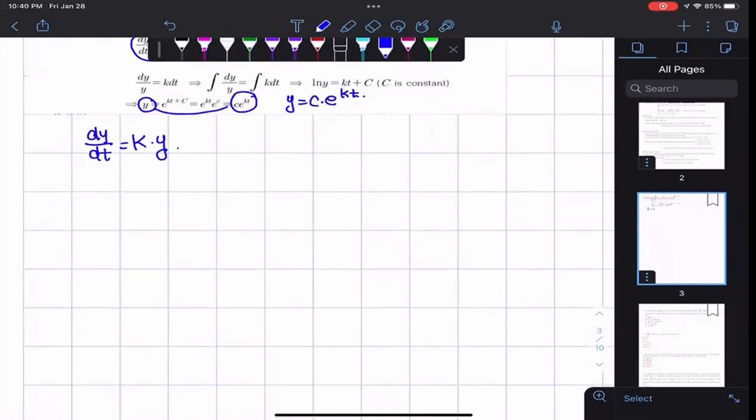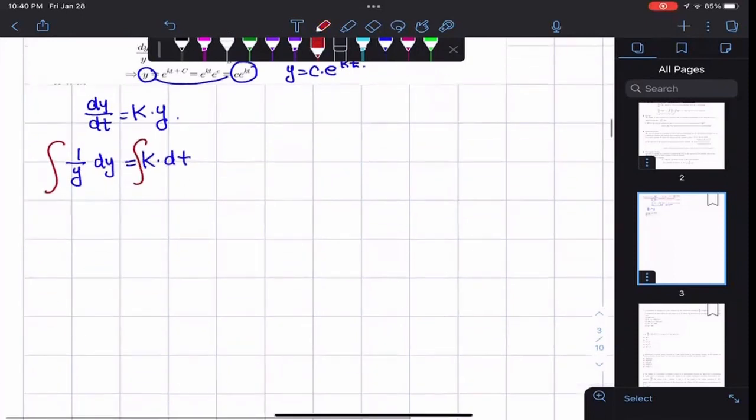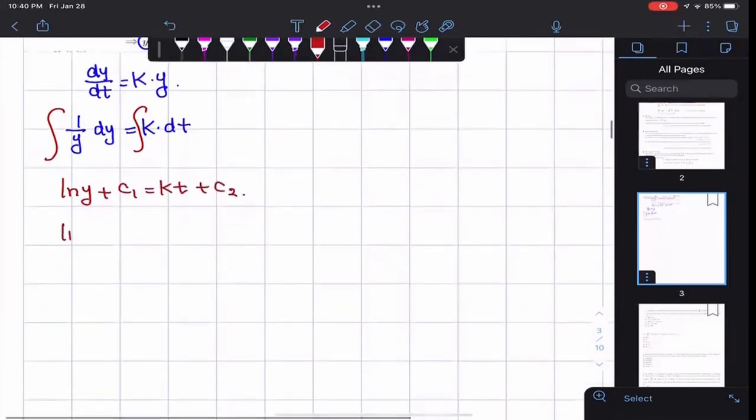First, separate the variables like this: 1 over y dy equals k times dt. Apply the integral on both sides. Then ln y plus c1 equals kt plus c2, so ln y equals k times t plus c2 minus c1.